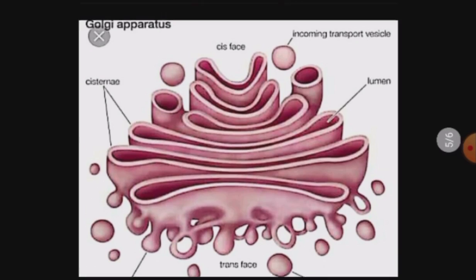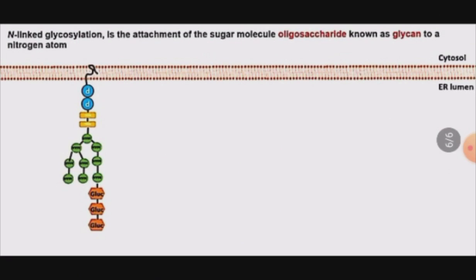Okay, in the last slide, I have already told you about N-linked glycosylation. So have a look at it once again. Before I talk about the Golgi body, in the endoplasmic reticulum we have seen N-linked glycosylation. What is N-linked? It is just the site, the nitrogen site in arginine, where the carbohydrate is attached to the protein, so N-linked glycosylation occurs.